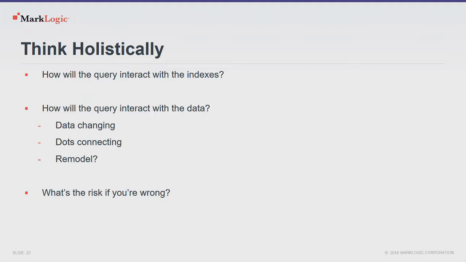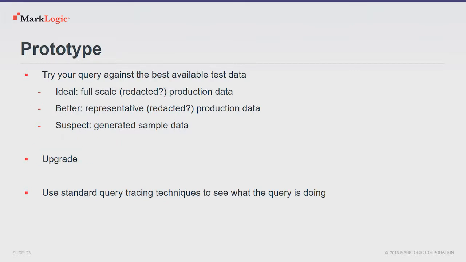But usually, these are queries where it's important for it to be a certain level of fast, to meet a certain SLA. It's not a query that really should be getting hyper-focus. It's just getting hyper-focus because it's a particular performance issue today. So think about what are the risks if the query is slow. Think through what are the risks if the data changes under the query, and really assess that holistically as well.